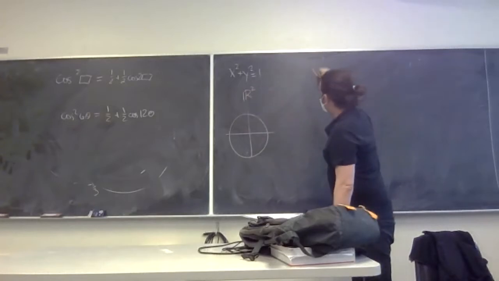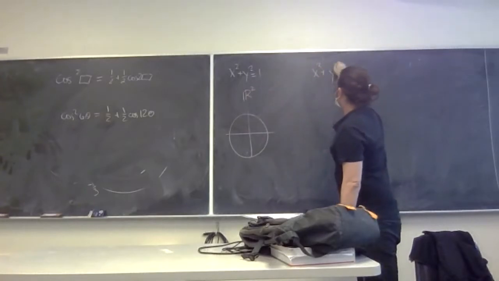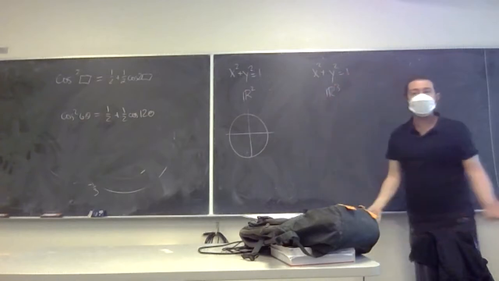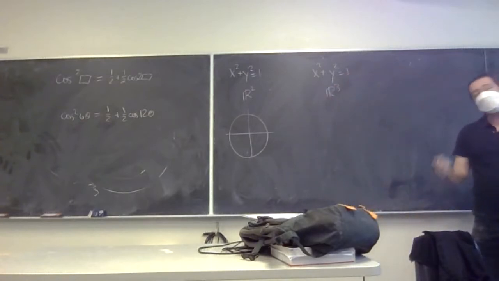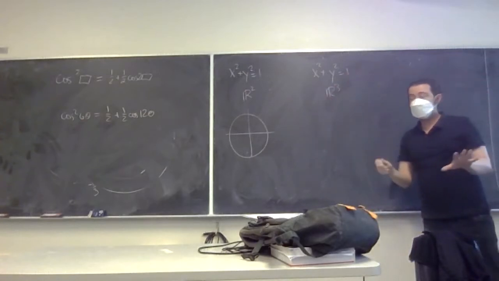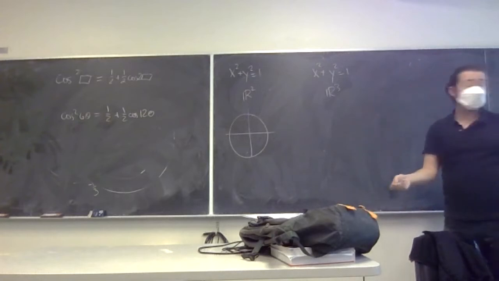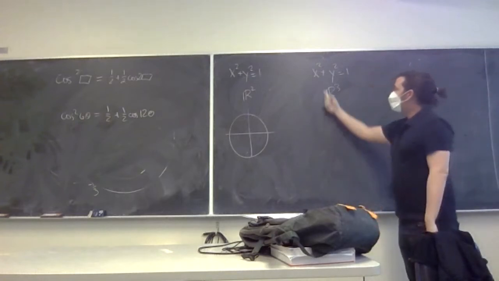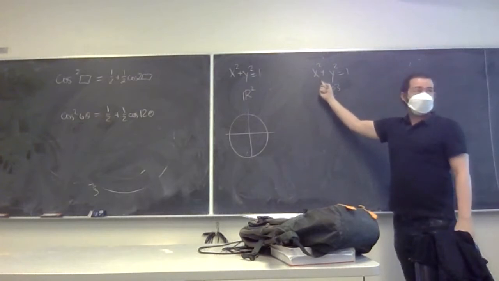In R3, there's no z in that equation, which means z is a free choice. This holds for all z's. So any choice of z that you make, that circle is in the set.